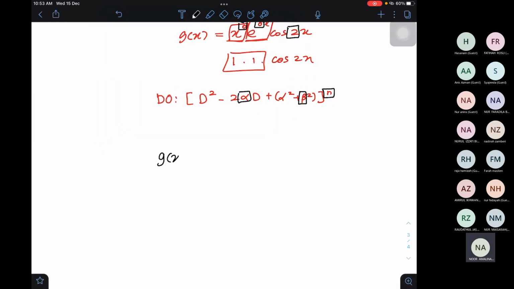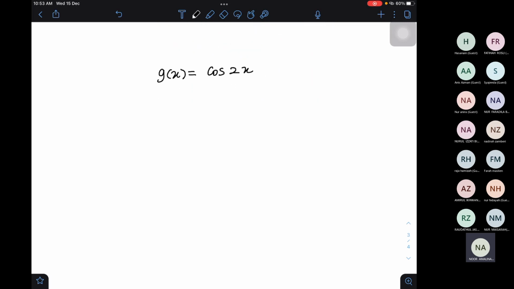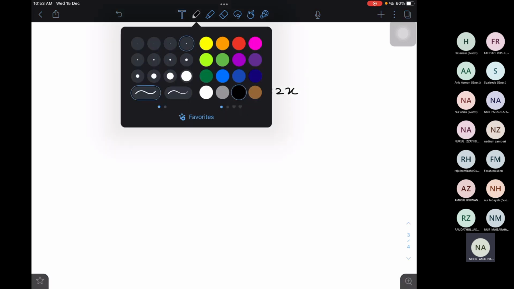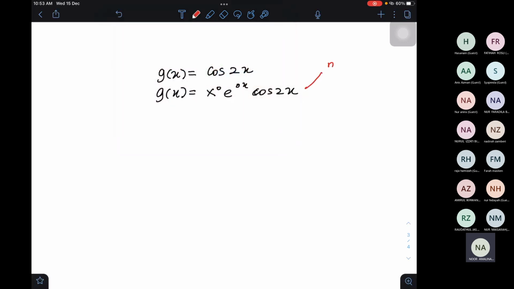Okay, so for example, if you have your gx equal to cos 2x for example. Tak nampak lah polinomial. Okey, tak apa. Tak nampak, kita buat. Gx sebenarnya adalah x kosong, eksponen kosong x, cos 2x. Okay, so from here, you get your n equal to your power plus 1. You got your alpha equal to 0. You got your beta equal to 2.